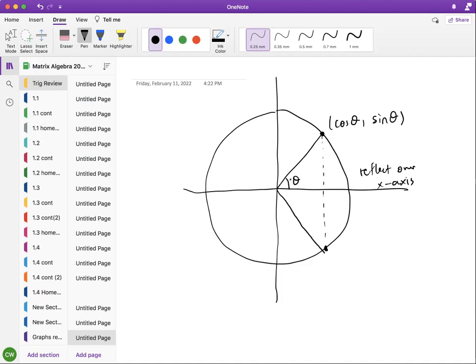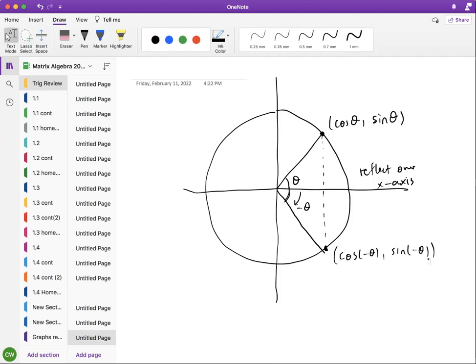By the symmetry of the reflection, this angle must be the same as this angle here. But by convention, since it's going in the opposite direction, we'll call this negative theta. And this point is cosine of negative theta, sine of negative theta.